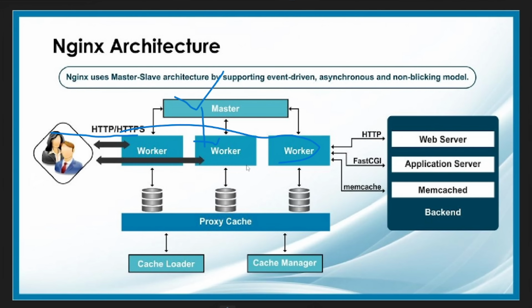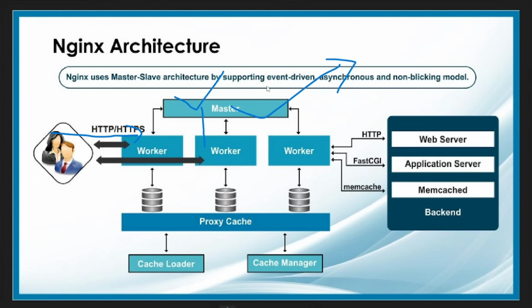All these worker processes will be managed by this master process. Another thing is that it will reload and review configuration. It will check that everything is configured for the request that is coming in, and then it will allow it.